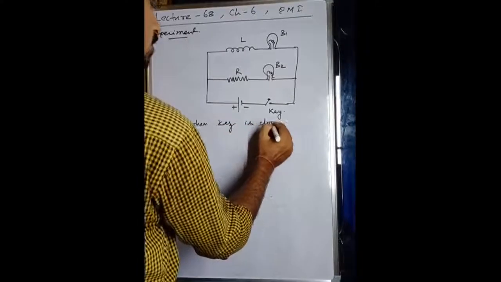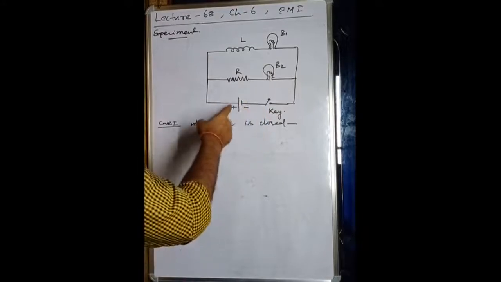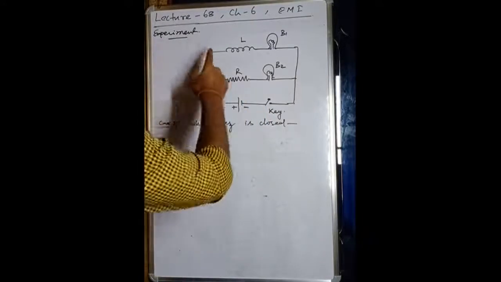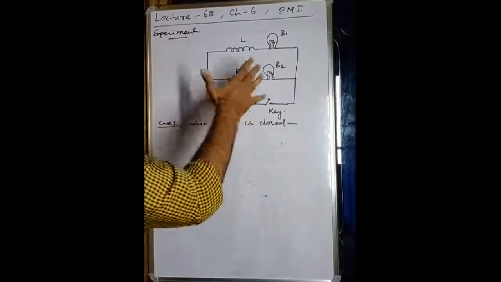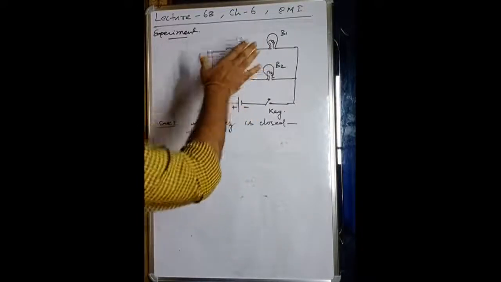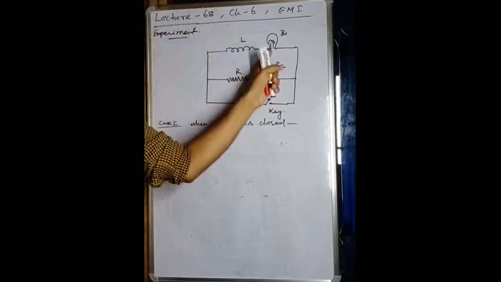As the key closes, the current starts flowing through both the resistor and the inductor. It means the current is being established and is increasing. As the current is increasing, of course, there must be some EMF.